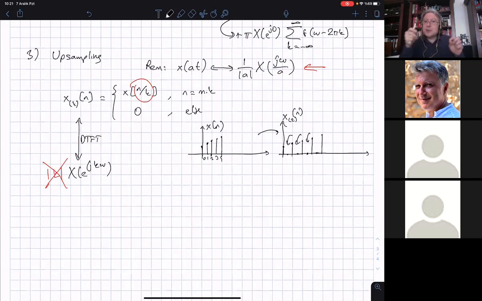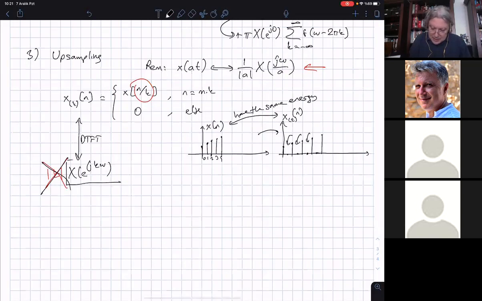We are inserting zeros and we are keeping the energy of the two signals, x of k and x of n. They have the same energy. Therefore, we don't have this absolute value of k, but we only have this. But this is the easy part, the upscaling, or upsampling.